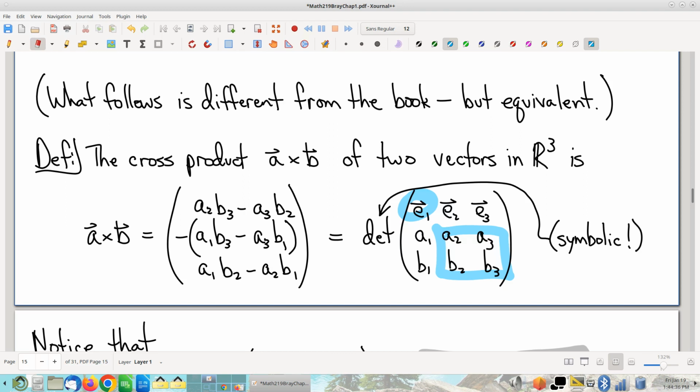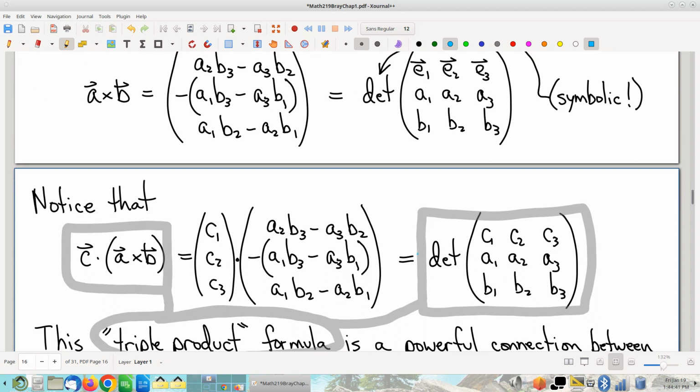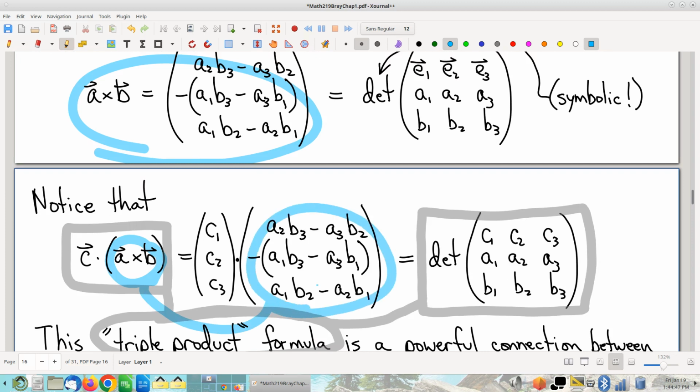All right. Okay, so neat fact, if you take this formula for the cross product, there it is, and you dot it with an arbitrary third vector called C, what you will quickly notice is that the process of going through this dot product is literally exactly the same as the process of computing this third formula over here on the right.